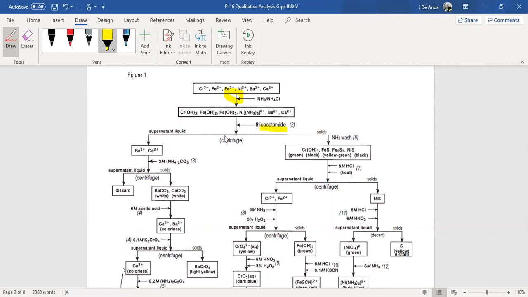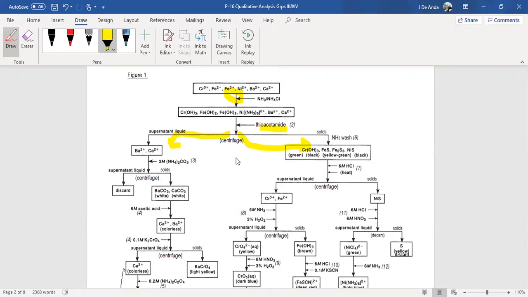That's going to separate on this side the group 4 ions, and in the precipitate you're going to have the group 3 ions. So that's essentially the first step that we're going to carry out here.